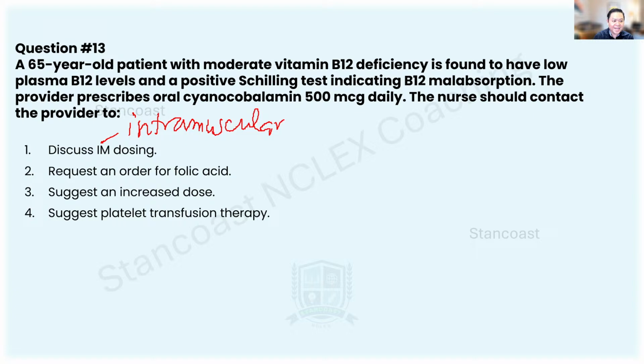Our patient has vitamin B12 deficiency, found to have low plasma B12 levels and a positive Schilling test, basically telling us that there is malabsorption of the vitamin B12. And the doctor prescribed cyanocobalamin 500 micrograms daily. So what would be your choice? The nurse should contact the provider to 1.